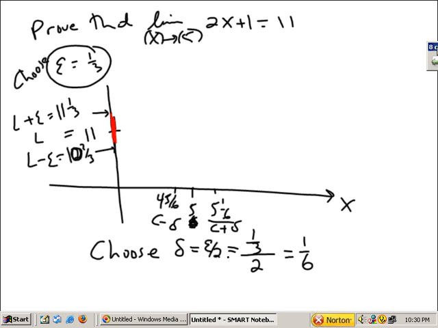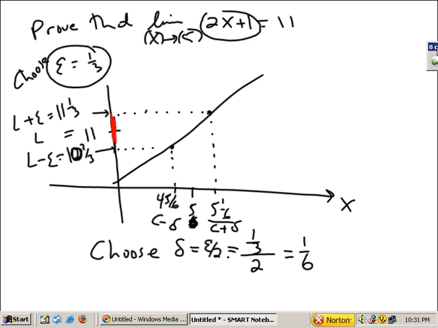Now, just so this works out perfectly, here's your line. Remember, 2x plus 1 is a line. And the line actually looks just like that. Now, this is x and here's y.